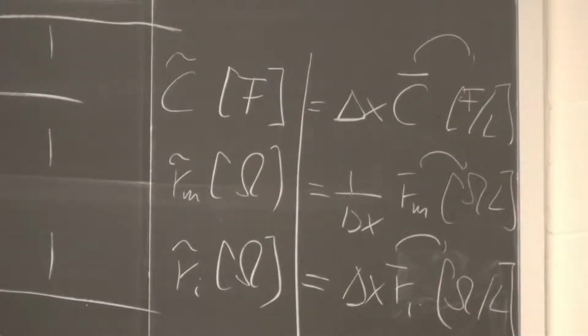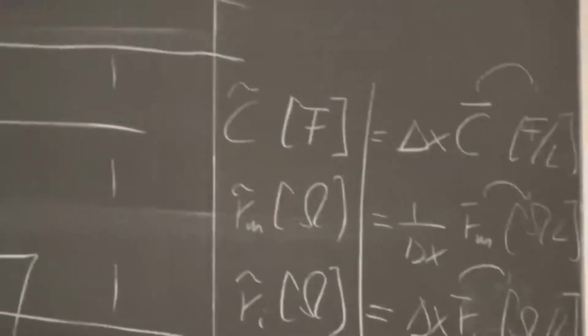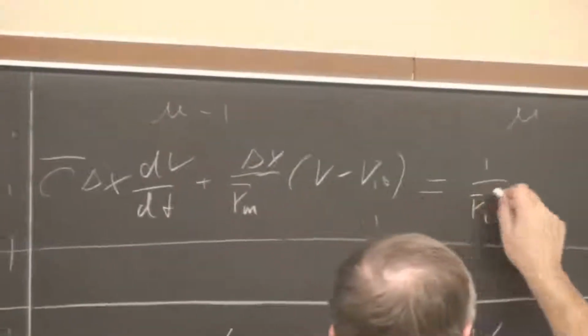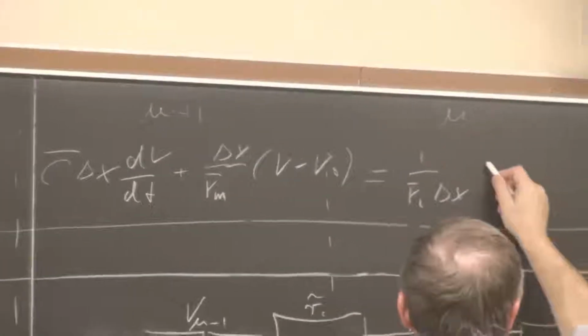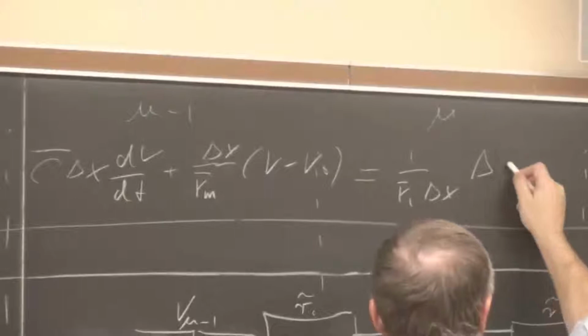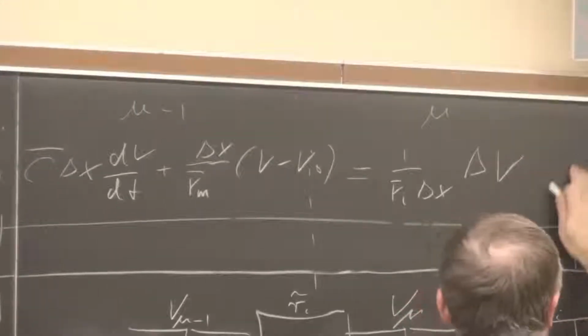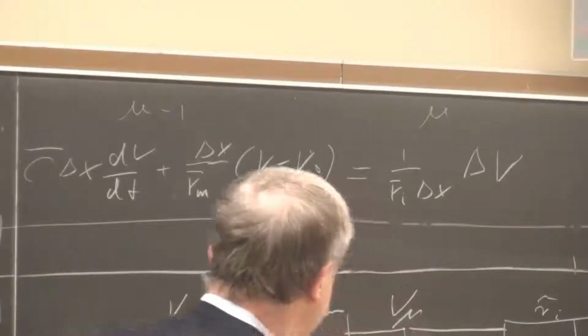But Rm bar is inversely proportional to delta x, so delta x goes here, times V minus V0, plus this one is equal to, and here 1 over Ri scales like this, and then delta V. Okay, so this is my equation.